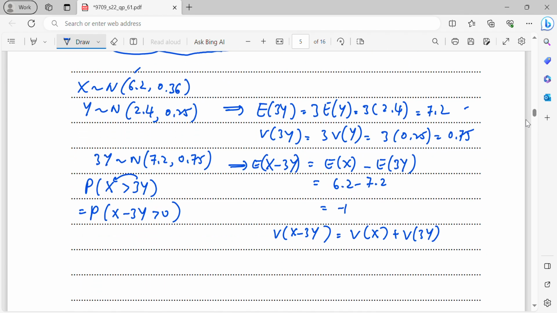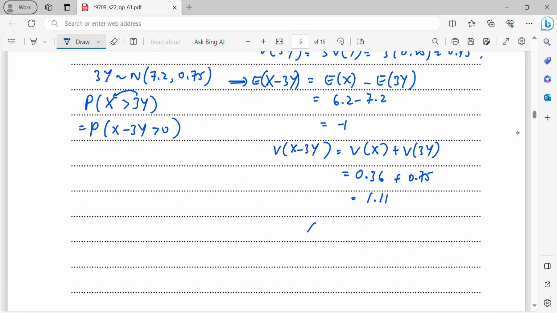Variance of X is 0.36, variance of 3Y is 0.75, then we add up, it will be 1.11. So from here I say that X minus 3Y is normally distributed with mean minus 1, variance 1.11.